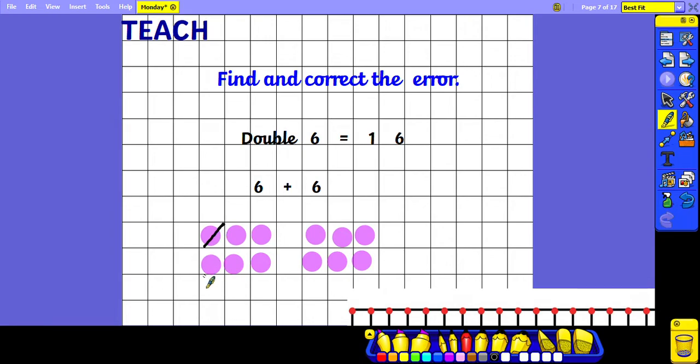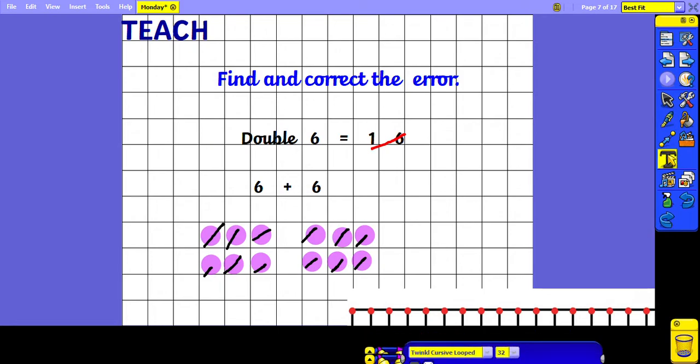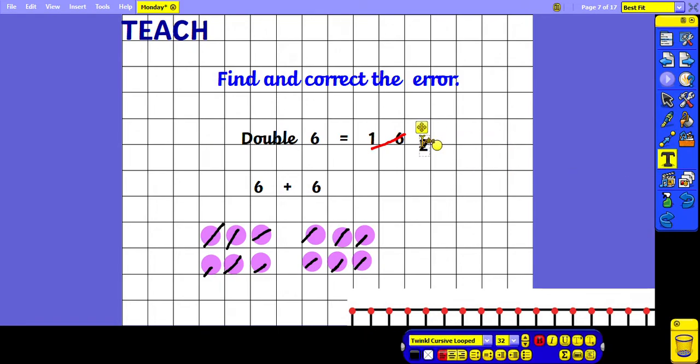So 1, 2, 3, 4, 5, 6, 7, 8, 9, 10, 11, 12. So I know that the error is here, because double 6 is not 16, it should be 12. I can complete my number sentence here.